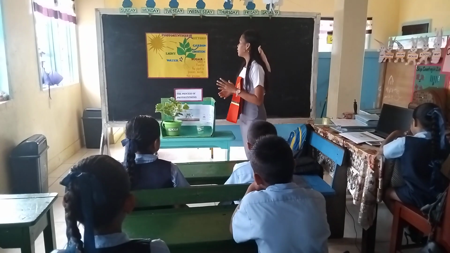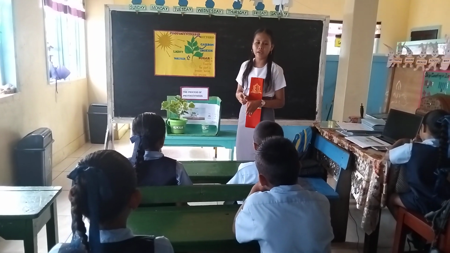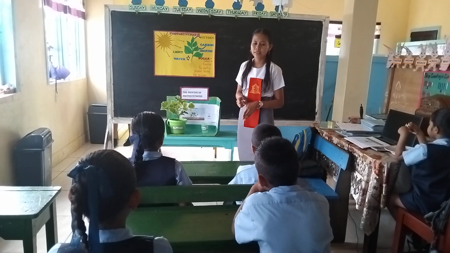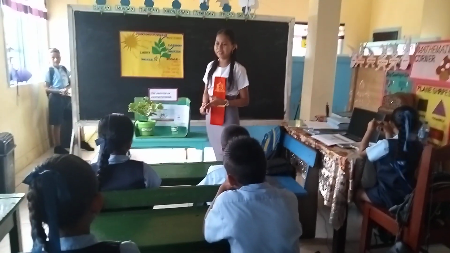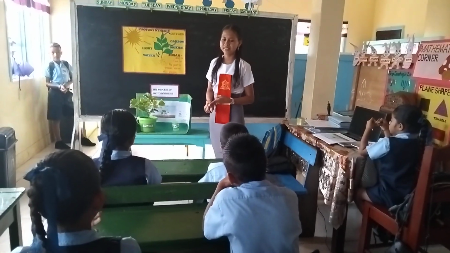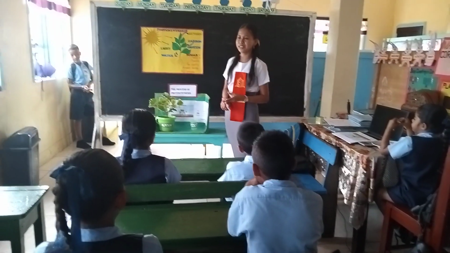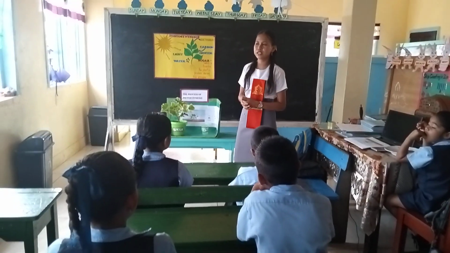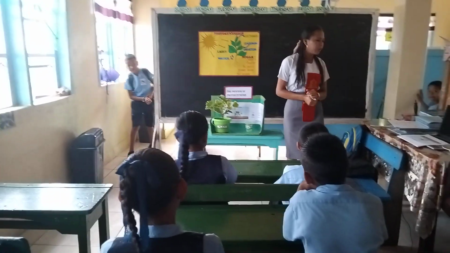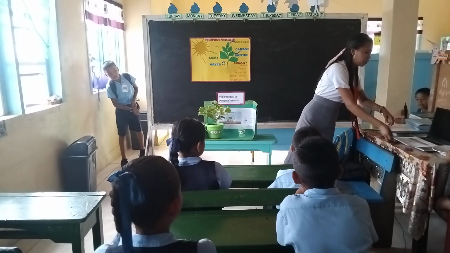Okay. What are some things that the plant needs to make its own food? Water, sunlight, carbon dioxide, okay. And what do we get from the plant? Oxygen.